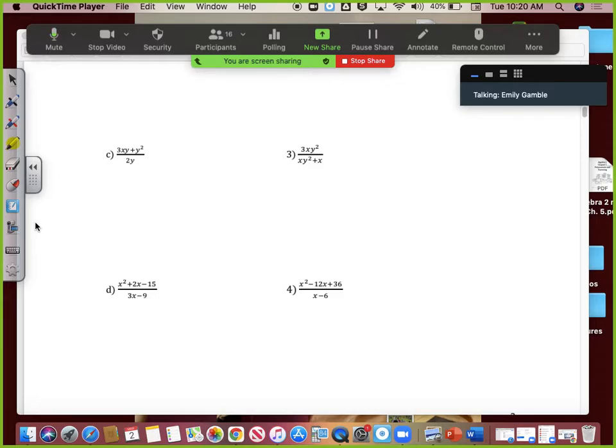Now looking at the x's, I see only an x here, and there's no other x's, so I can't take an x out of everything, but I can take a y out of everything. There's one y here, there's y squared here, and there's one y here. So the only thing I can do is take out a y from all of the terms in the numerator and the denominator. And when I do that, I'll be left with 3x plus y.